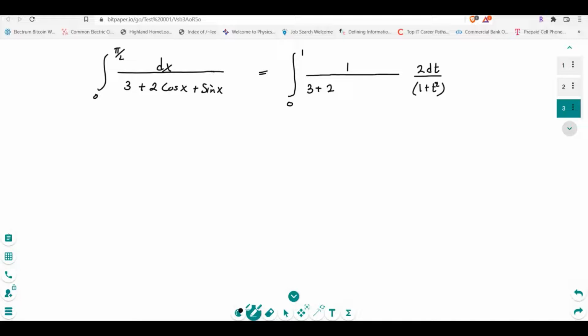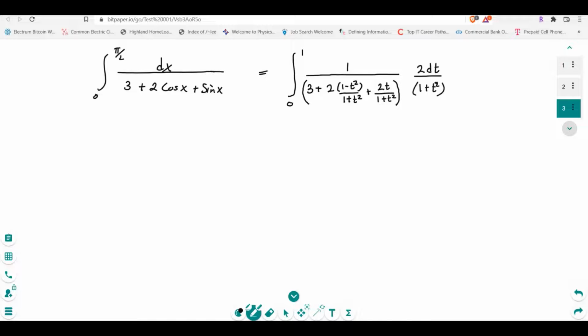So instead of cosine x, I'm going to put that substitution, 1 minus t squared divided by 1 plus t squared. Then I have plus a 2 sine x, so sine x would be 2t over 1 plus t squared. Okay, so that's going to be that, and then let's try to simplify this further.